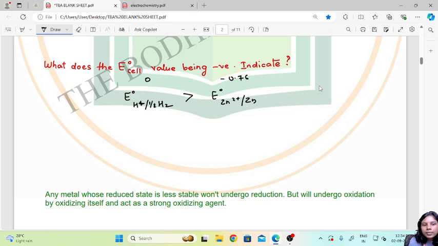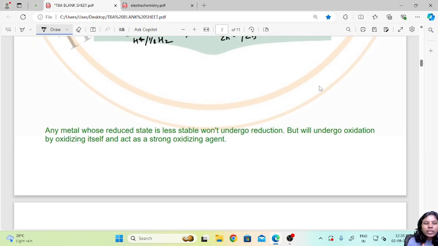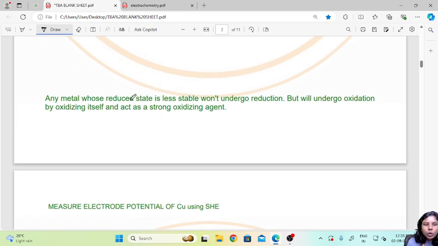So obviously, if you look on the number line that is there, we have 0 and then we have the negative value. So here in this case 0 is greater. So we can say that any metal whose reduced state is less stable won't undergo reduction but will undergo oxidation by oxidizing itself and act as a strong oxidizing agent.